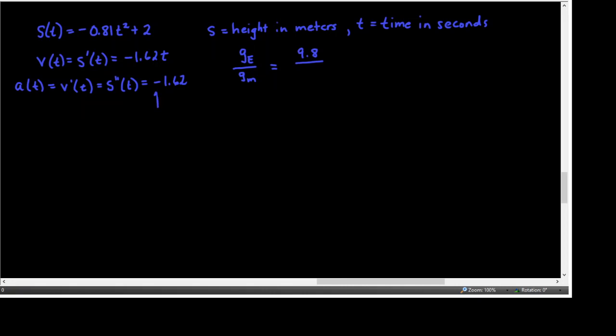So this negative means it's in a downward direction. But the constant, the gravitational constant, is kind of like speed. It's the absolute value of that. So the gravitational constant for the Moon is 1.62. Okay, and of course that's in meters per second, or meters per second squared, just like this one is.